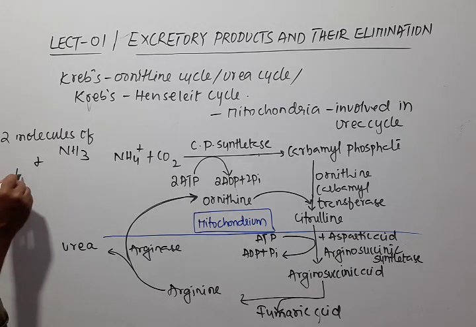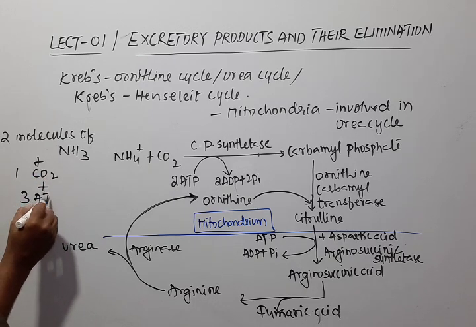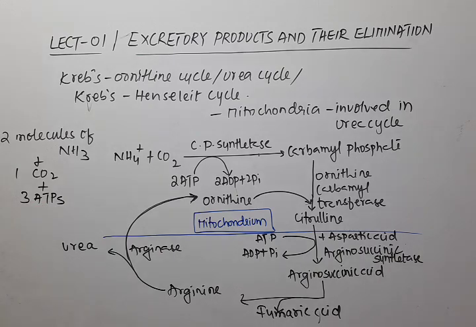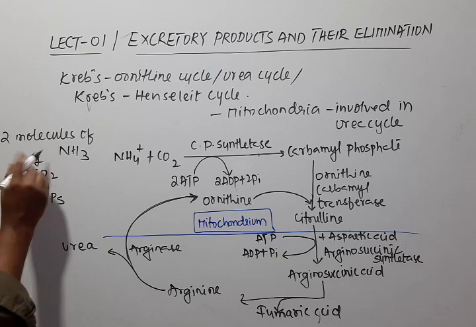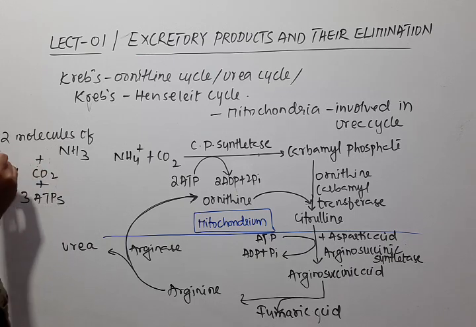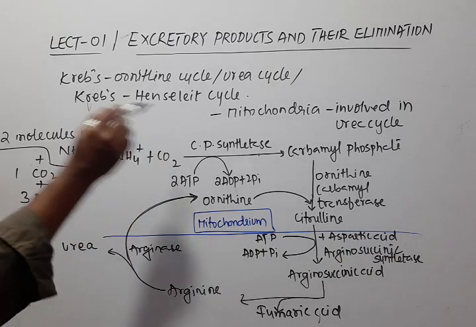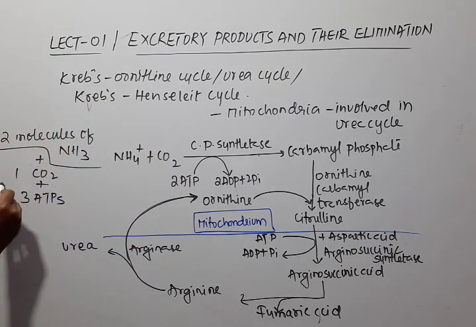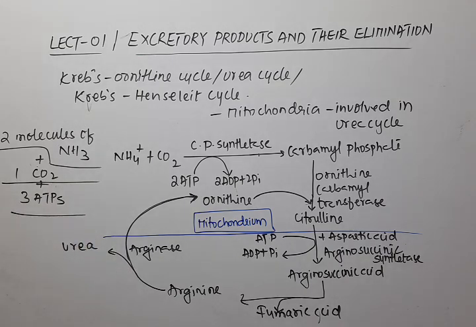So plus one carbon dioxide molecule plus three ATPs are utilized. How many molecules of ammonia are utilized here? Two molecules, then one carbon dioxide and three ATPs are involved in this reaction. So this is about the Krebs ornithine cycle briefly.